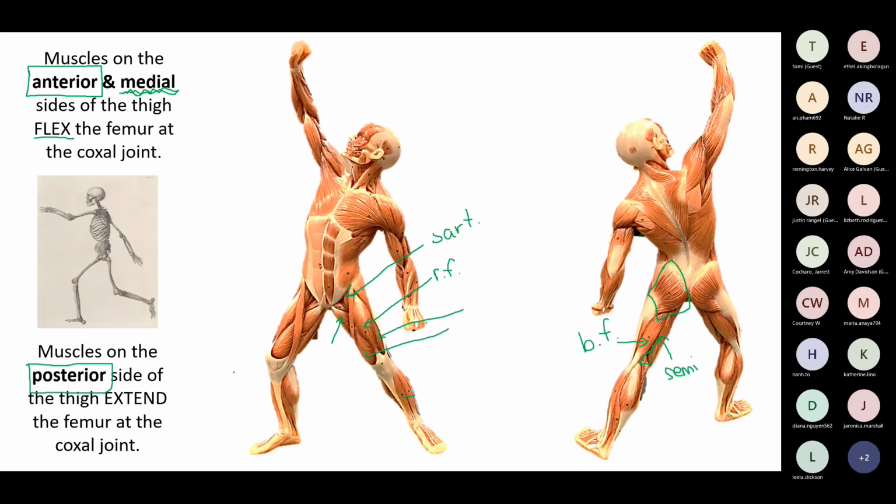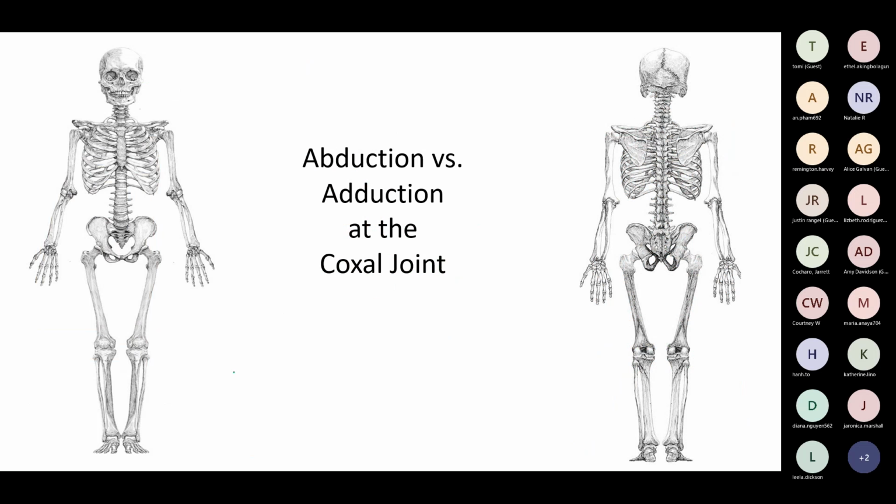The other movement that happens at the coxal joint is abduction and adduction. And remember that these terms meant that we're either moving with abduction away from the midline, or with adduction, we're moving toward the midline. So when we go back to our hip joint, here's the hip joint right here.